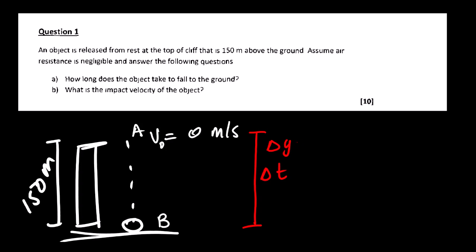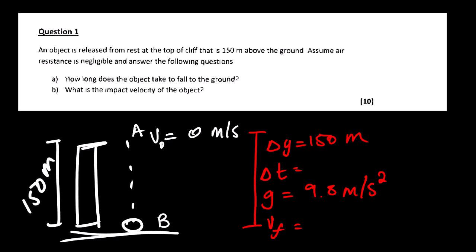Then the displacement will be 150 meters, and then we also have V final at this point, and then we have the gravitational acceleration, which is 9.8 meters per second squared. This is the data that we have.